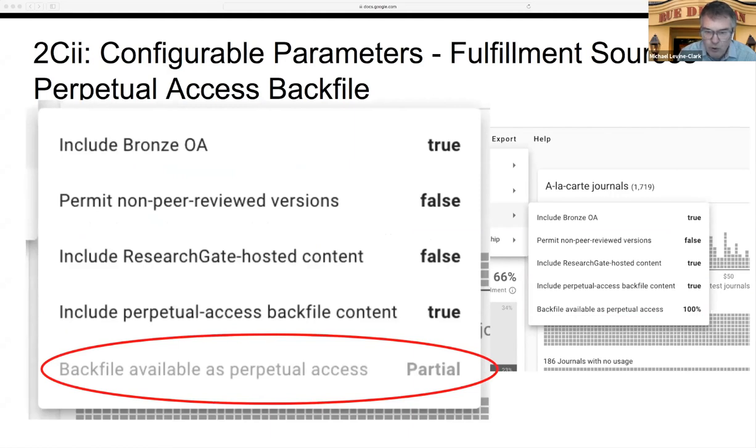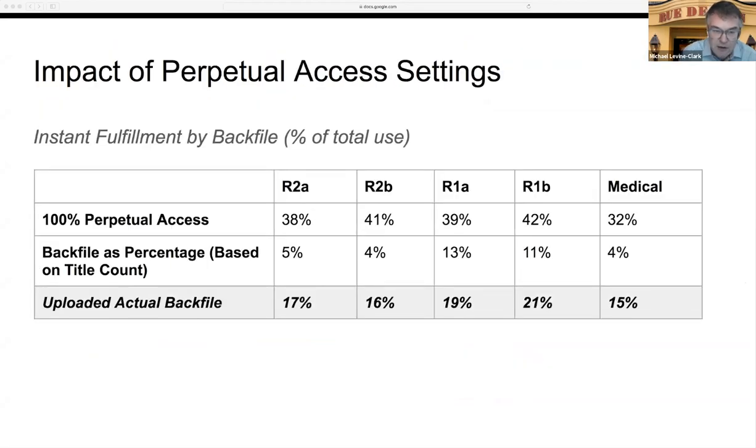Once you upload a custom backfile, a title list of things that you do have perpetual access rights to in your setup, it grays out that bottom parameter and lists partial. And that is what we would recommend everybody do, because this is the difference.